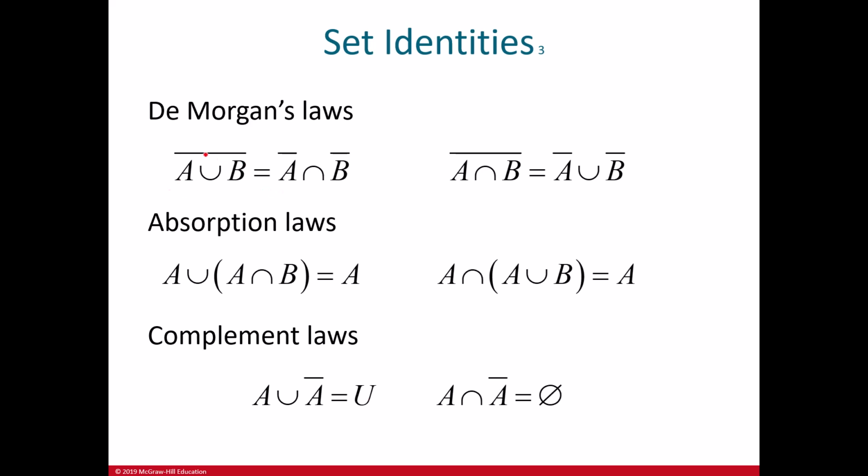We also have De Morgan's law. We introduced it when we talked about propositional calculus, and it helps us negate something like this. If I have P or Q and I want to negate it, it tells me how to negate, and also how to negate the intersection, I mean the conjunction. You can see the similarity.